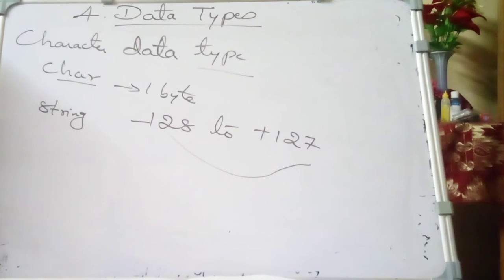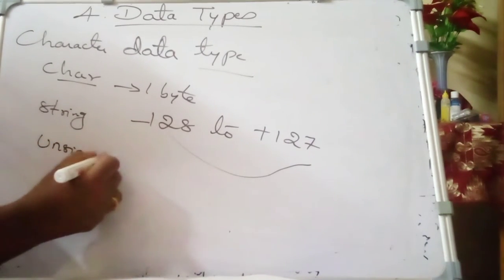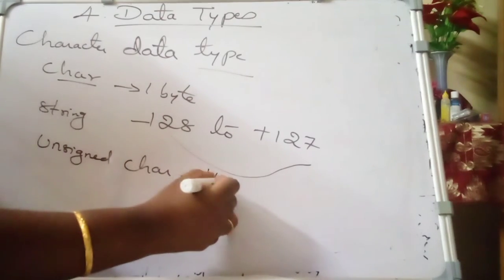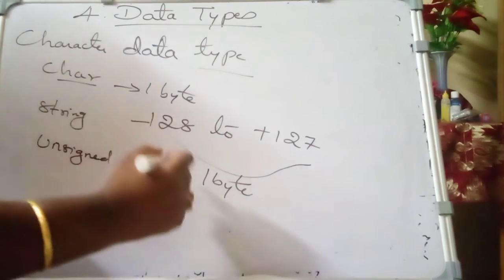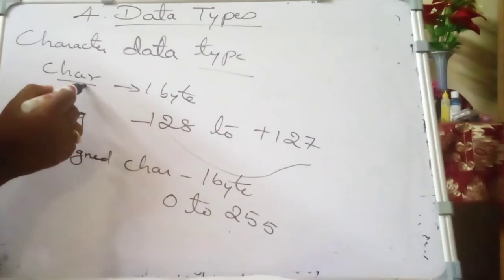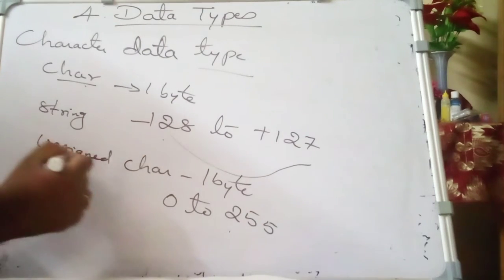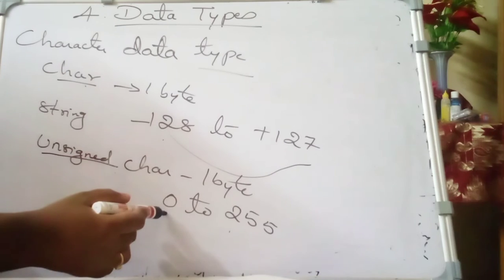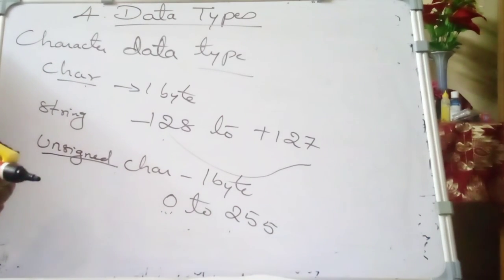An unsigned char also occupies 1 byte, and its range is from 0 to 255. Simply if I use char, its range is from minus 128 to plus 127. If I use unsigned char, I have to consider only the positive numbers, from 0 to 255. Hope you have understood what actually it is now.